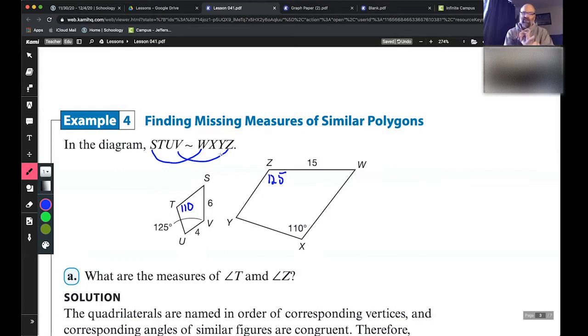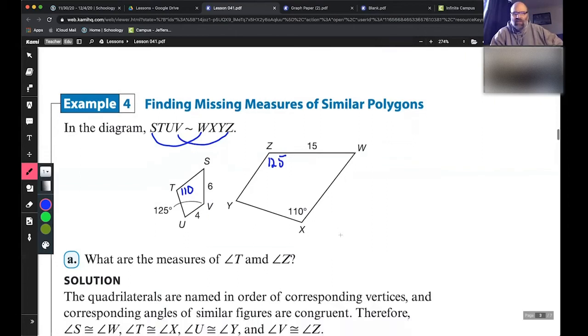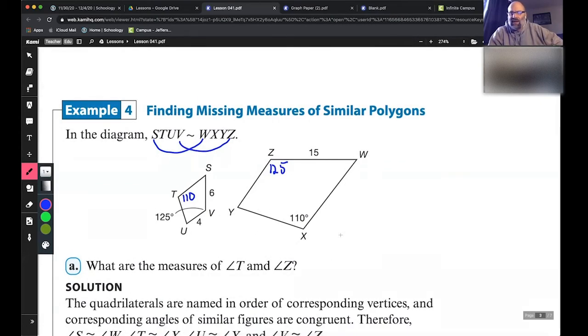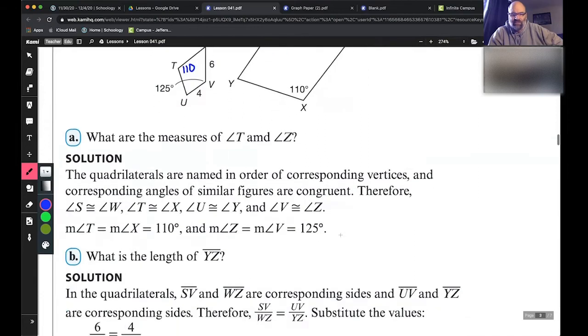They flipped it around and they shrunk it. So you have to figure out the measures of T and Z. We just did that, because if these are similar, all the angles have to be the same measure, congruent. Does that feel all right? Angles are nice because they're just congruent angles. Just match it up, fill out the puzzle.